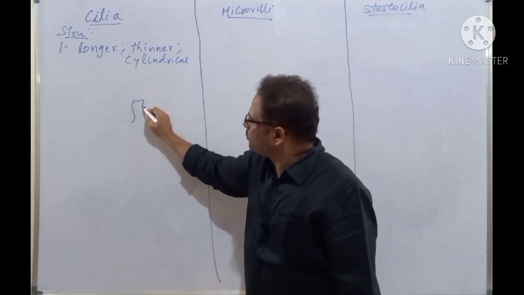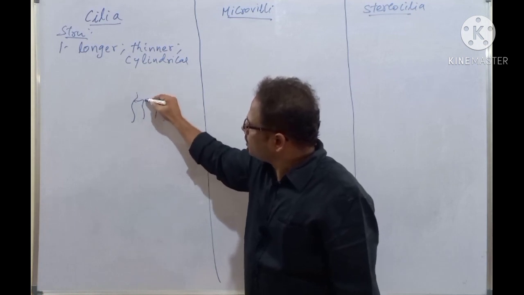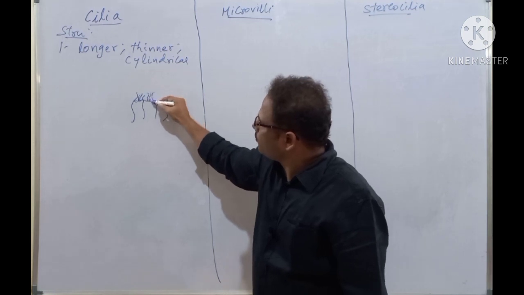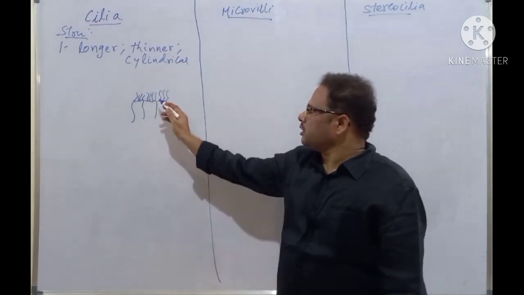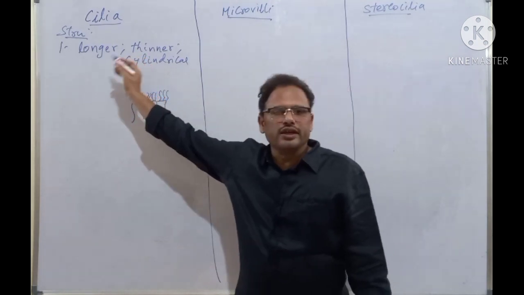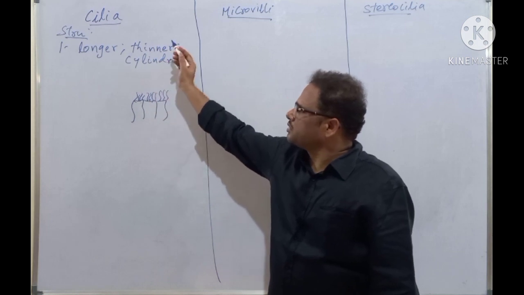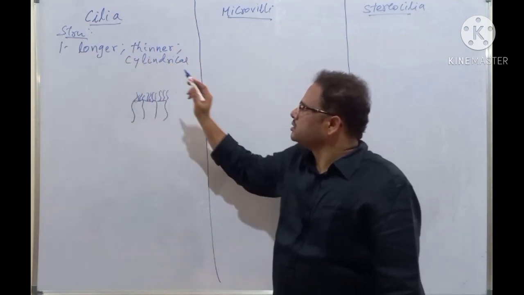For example, this is the tissue, and these very long ones are present at the free surfaces like this, and this forms a ciliated epithelium, because at the free surfaces the cilia are present. These are longer, thinner and cylindrical.